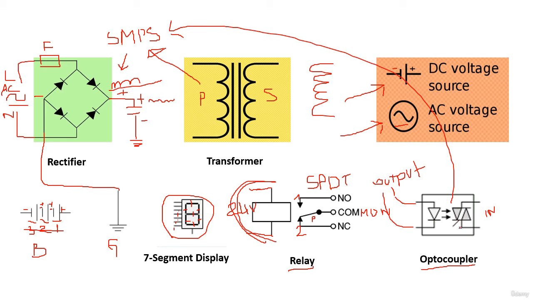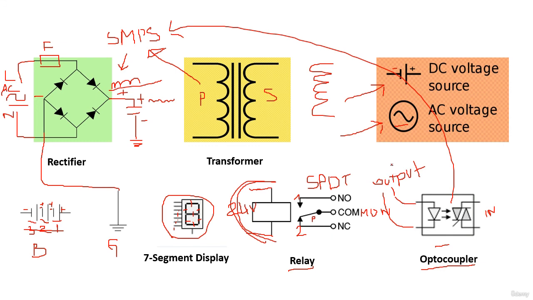And this is the symbol of a diac. In some optocouplers, the second part contains a diac or a phototransistor. This optocoupler is used to control the output signal.